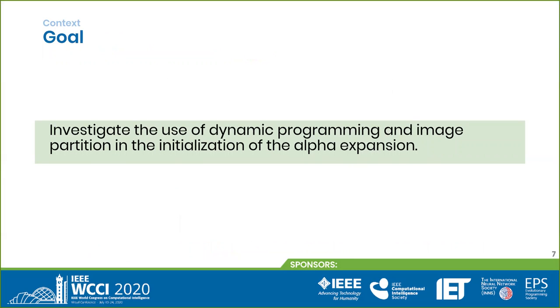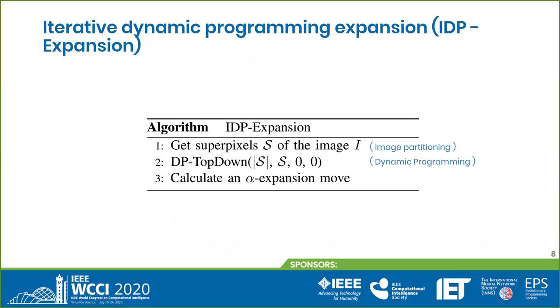The goal of the work is to investigate the use of dynamic programming and image partition in the initialization of the alpha expansion. Our method is called the improved dynamic programming expansion, IDP expansion for short.